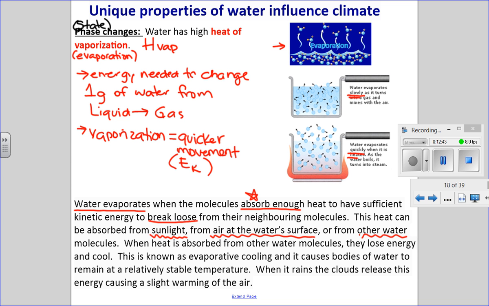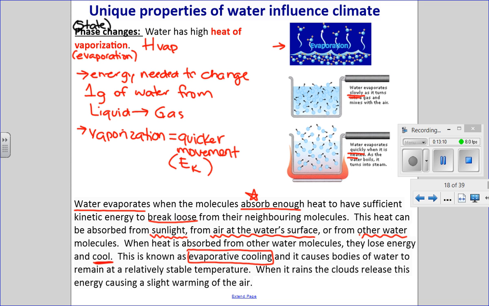When heat is being absorbed from other water molecules, they lose energy and cool. So if warm water flows and helps bring heat to some colder water, and then some of that water evaporates, well, that water that was warm is now cool. The term for that is evaporative cooling.